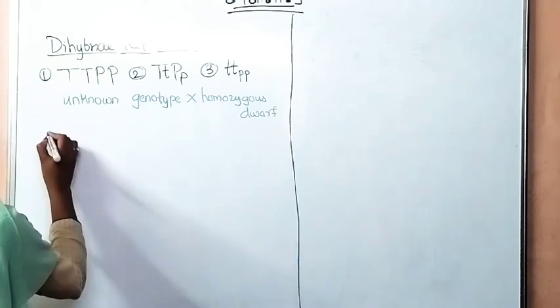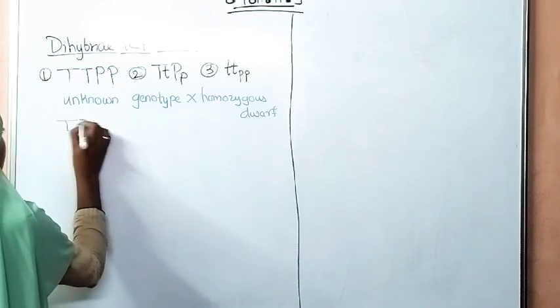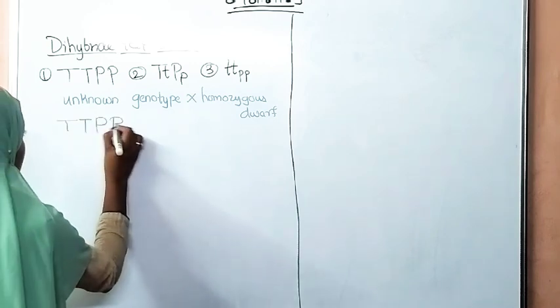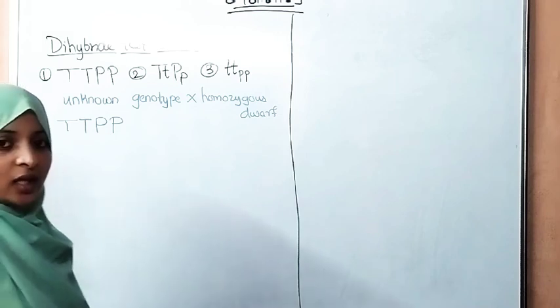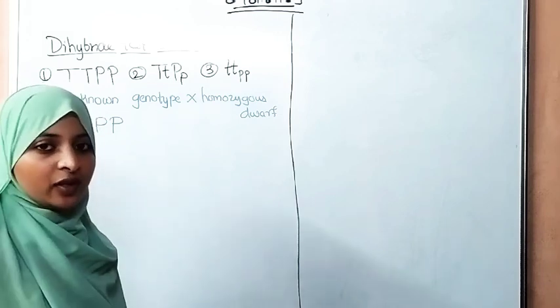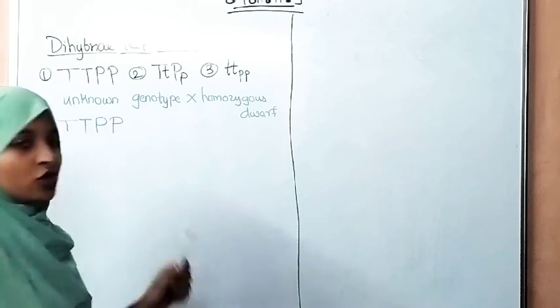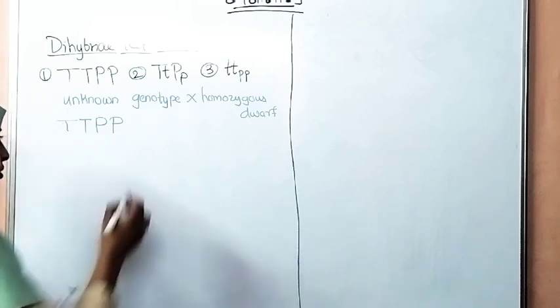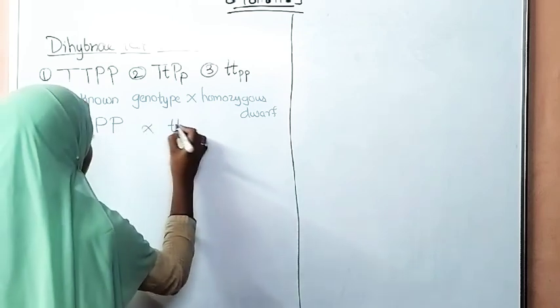If capital T, capital T, capital P, capital P, meaning a homozygous tall plant with purple flower, crosses with a homozygous dwarf plant with white flower.